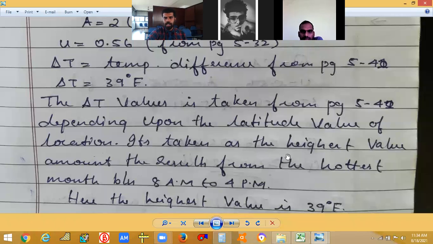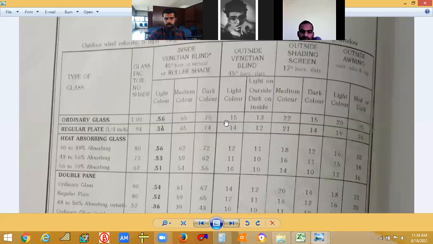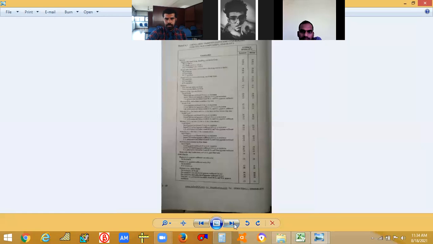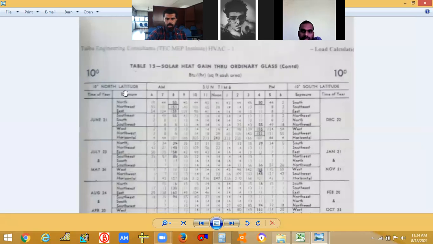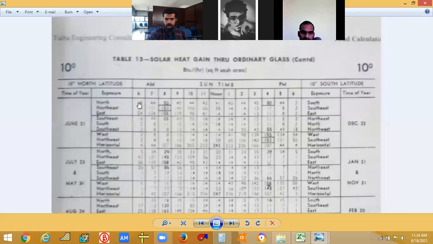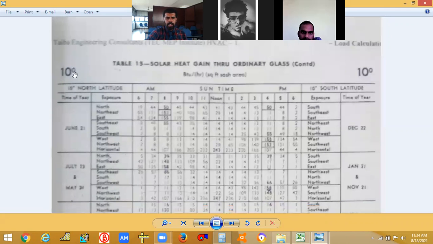Okay, we are going to find the delta T value. Let me see. Yeah, I don't know whether you can see or it is in a blur shape. So this is the thing, solar heat gain through ordinary glass. This is our latitude 10 degree.